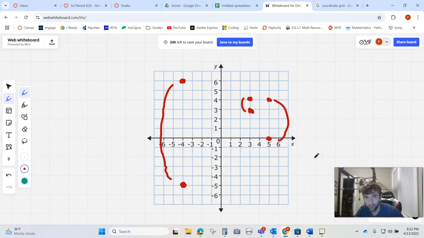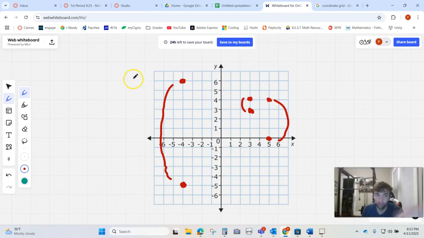Do they have anything in common, these 3 pairs? Hey, those are some good things that they have in common. Maybe you said it, maybe you thought it. But my favorite thing is that they all have the same x value.